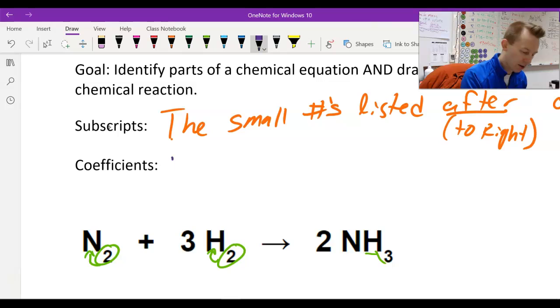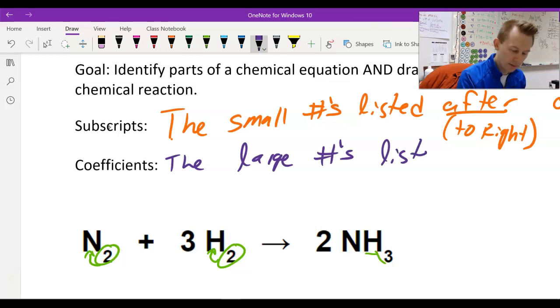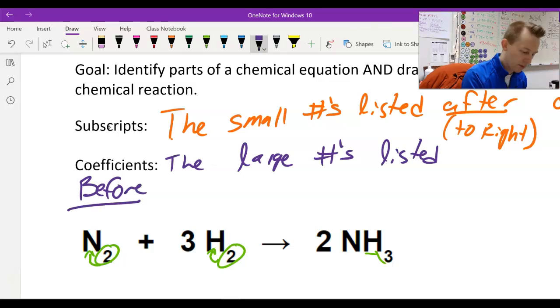So coefficients are the large numbers listed before a molecule.